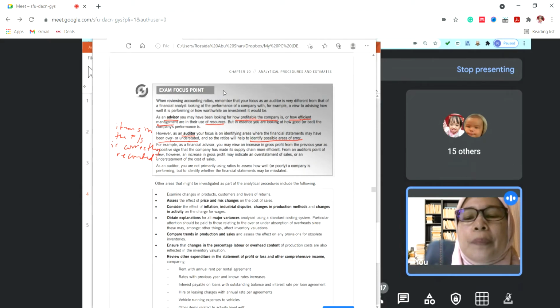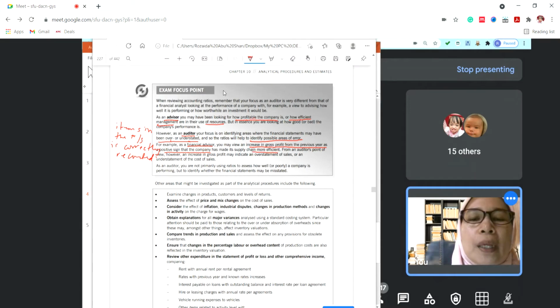For example, as a financial advisor, you may view an increase in gross profit from the previous year as a positive sign that the company has made its supply chain more efficient. From an auditor's point of view, however, an increase in gross profit may indicate an overstatement of sales or an understatement of the cost of sales.